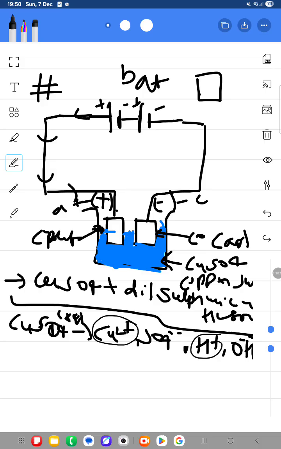So this positive terminal will attract the negative ions, that is SO4 2- and OH-. This negative terminal will attract the positive charges, that is Cu2+ and H+.